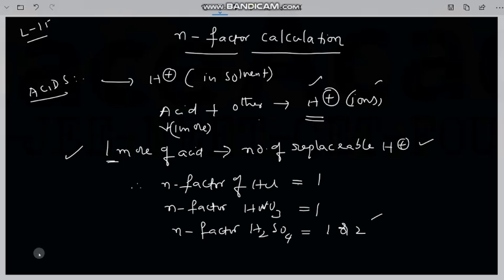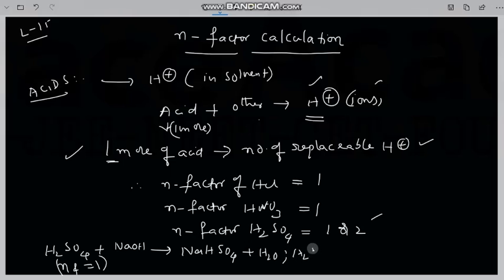For example, if you take H2SO4 with 1 mole of a base, then it can give only one replaceable hydrogen in the reaction with the formation of water. So here the n factor for H2SO4 became 1.